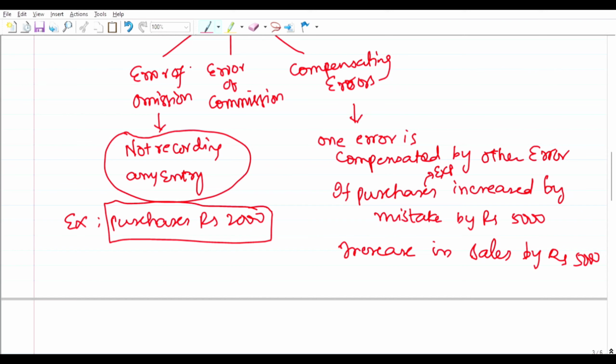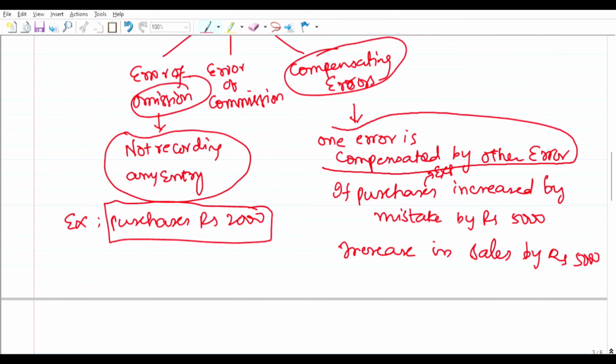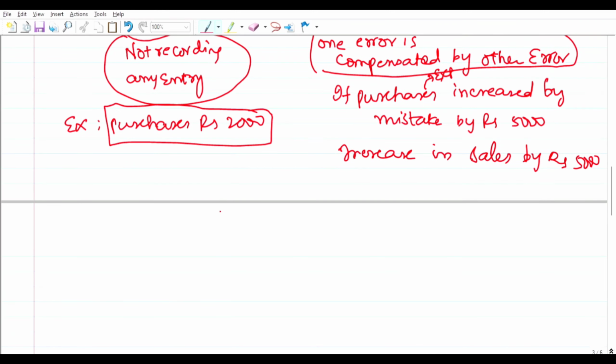By the name only we can decide that error of omission is nothing but not recording any entry, and compensating errors are the errors in which one error is compensated by other error, right? Let us discuss about error of commission now.